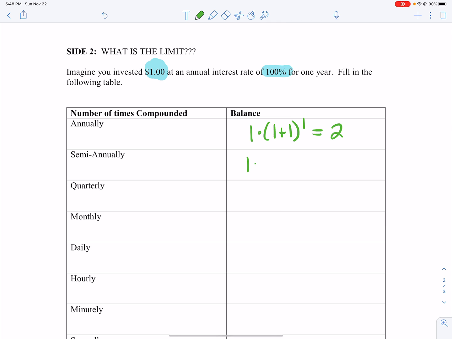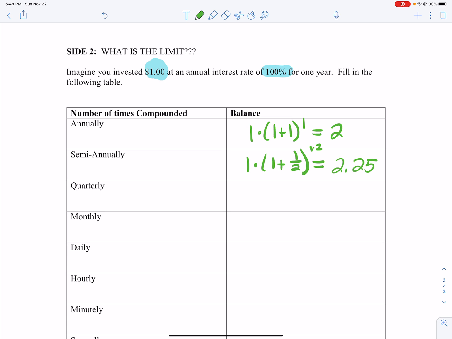And then if I do 1 times 1 plus 1 divided by 2, to the 2, because I'm doing it semi-annually, I get 2.25.